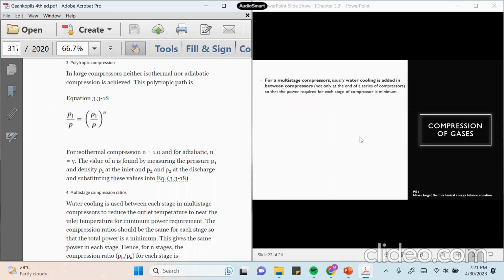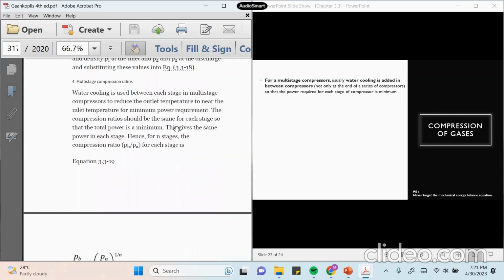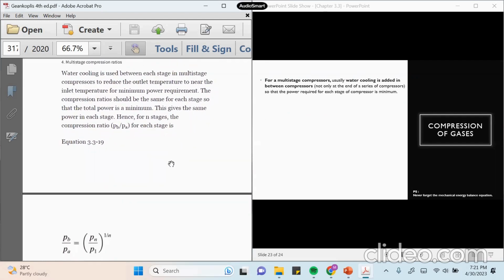Okay, and then the last one, the multi-stage compression ratio. If I have a multi-stage compressor, usually water cooling is added in between the compressors, not only at the end of a series of compressors. Why do we add the water cooling in between the compressors? It's so that the power required for each stage of compression is minimum.